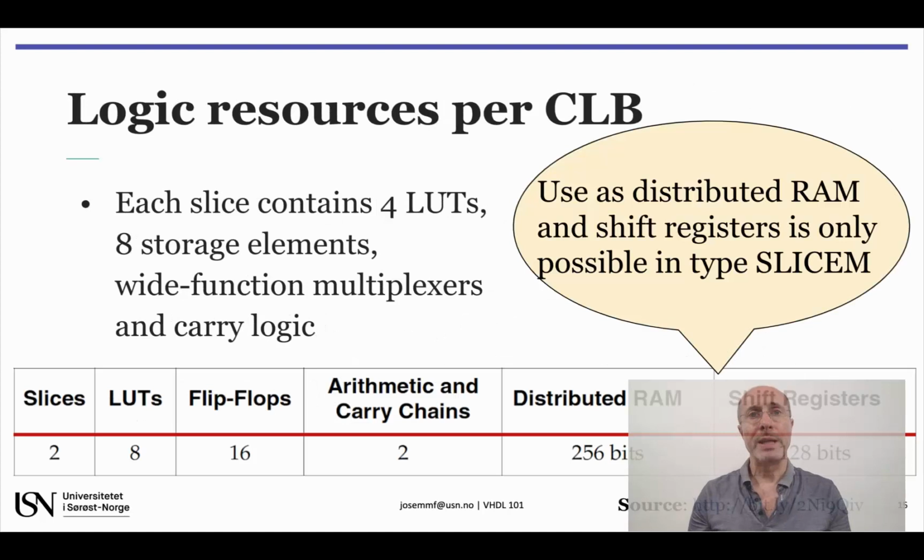To summarize, you may keep in mind that each CLB comprises 2 slices, making up a total of 8 lookup tables, 16 flip-flops, of which 8 can be used either as flip-flops or latches, as well as dedicated carry logic to implement fast arithmetic addition or subtraction, plus RAM and shift registers that can be set up using the lookup table resources of the Slice M blocks.